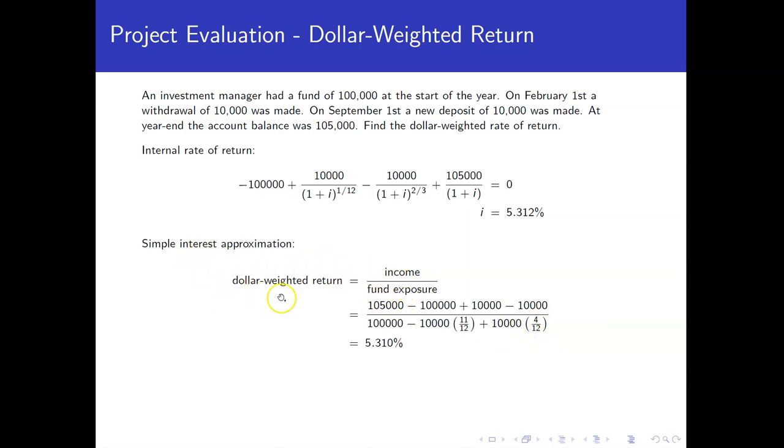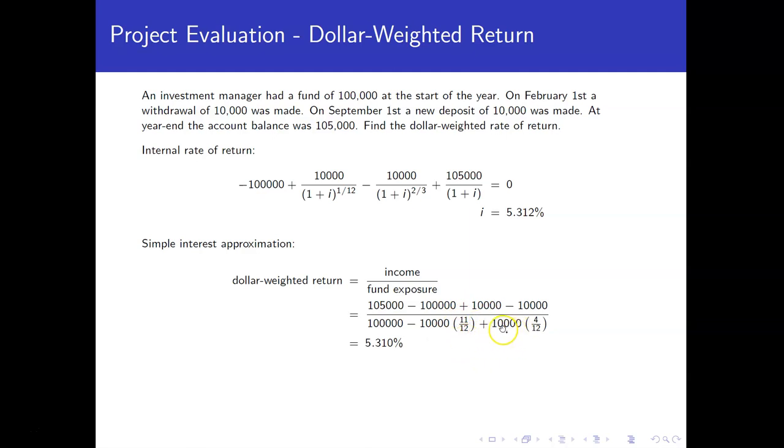So essentially what we have here with this dollar-weighted return is that we're solving for the interest rate. That's why these pieces on the bottom are multiplied by, spread out like they are. Each of these would have an interest rate term on them that's been factored out. That's what we're solving for here. So again, just to reiterate, this sits there the entire year. This $10,000 was taken out after a month, so we lose the interest on the $10,000 over the 11/12 of the year.